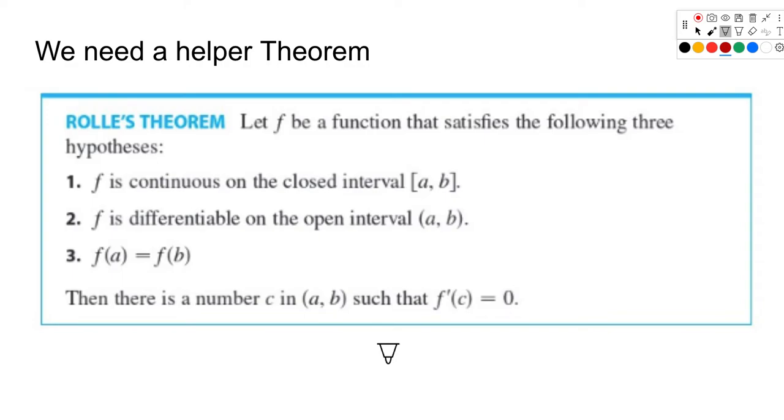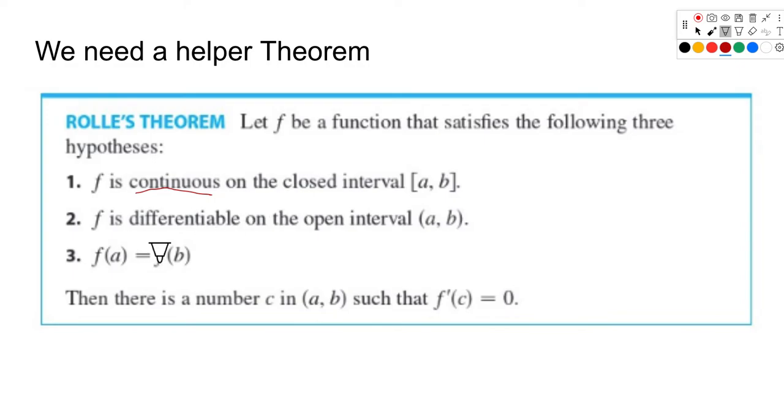We could probably have skipped it, but if you're going to do a proof of the mean value theorem, you need Rolle's theorem to get you that first step. So we'll talk about it a little bit. So first of all, Rolle's theorem, you have to have a function that is continuous on the closed interval between two points, A and B, so that includes the endpoints.